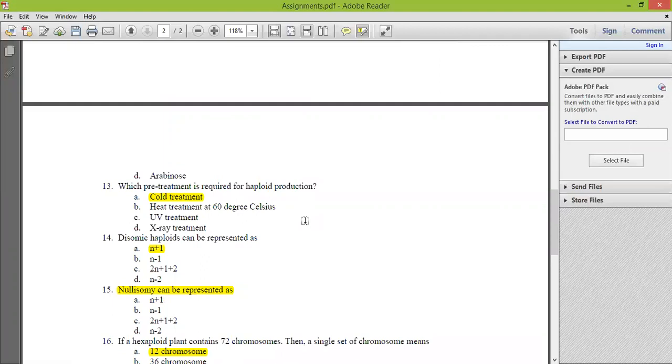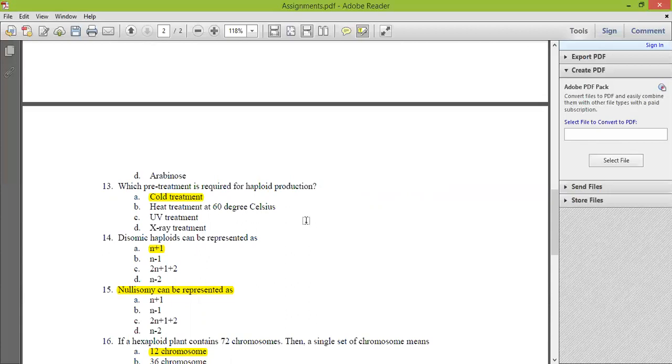Some of you have asked whether we can answer hot treatment. Obviously we can use hot treatment, but the temperature is about 30 to 35 degrees centigrade, which is not given in the options. The option here is heat treatment at 60 degrees Celsius, which is detrimental for the plant in culture conditions.